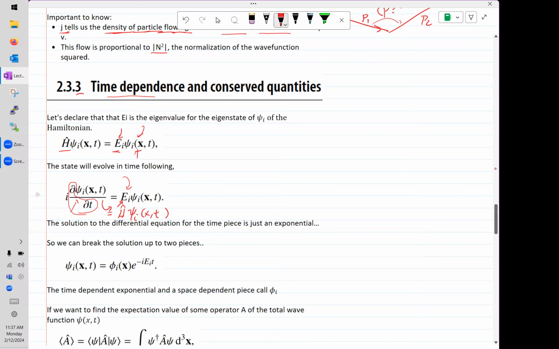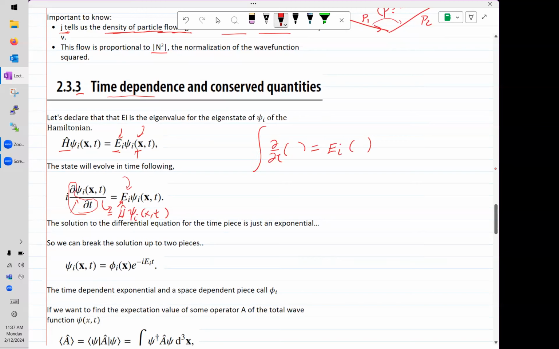Since this is just a partial by partial t, some function equal to some constant times that function, we can call that constant E_I times some function.